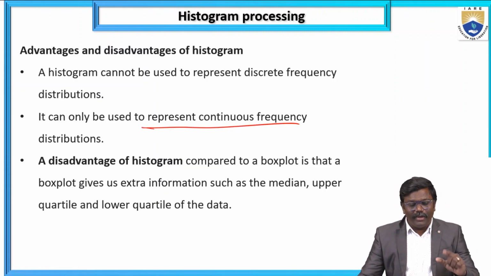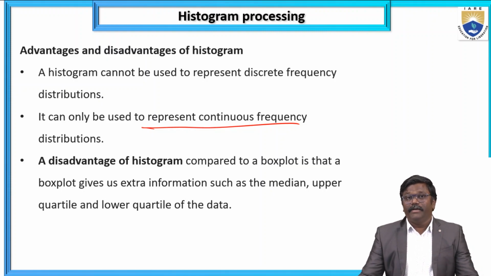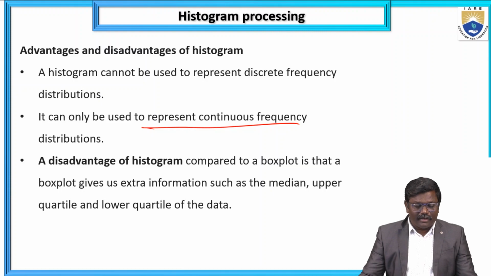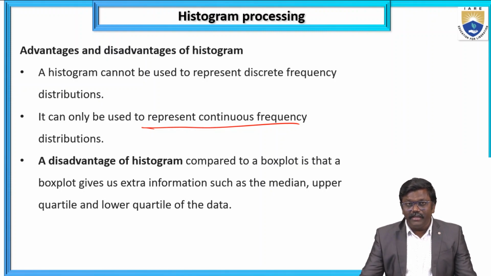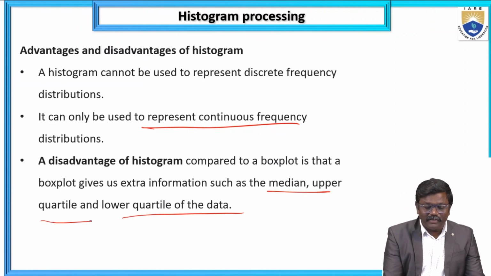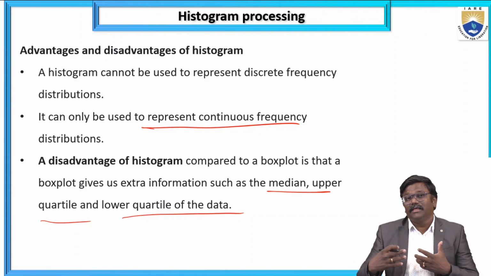As for the disadvantages of a histogram compared to a box plot, a box plot gives us extra information such as the median, the upper quartile and the lower quartile of the data. Histogram equalization is a very lengthy processing.